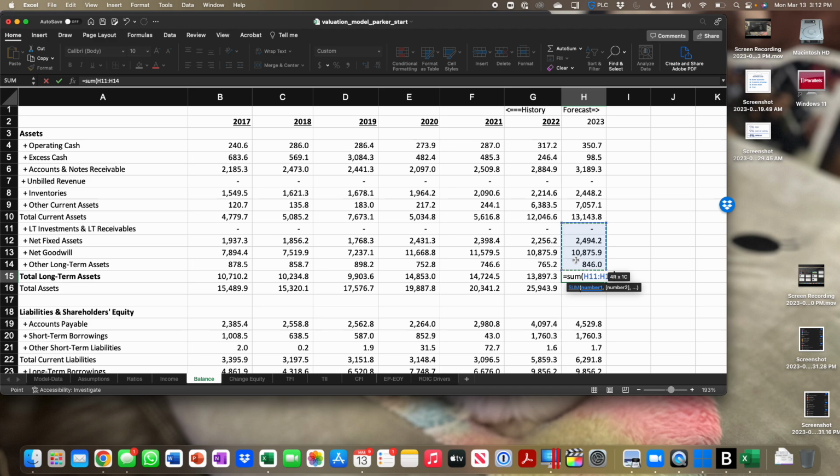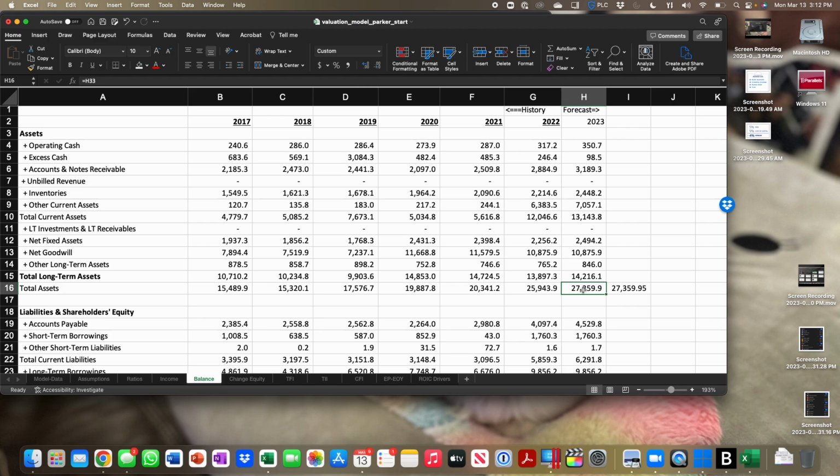So H11 through H14. Long-term assets, 14,216.1. If I want to do a check, equals current assets plus long-term assets, that should be the same number as my liabilities and equity when I sum it up.